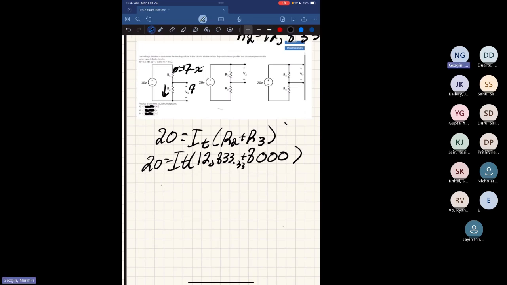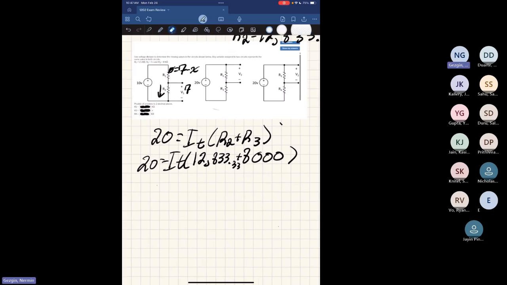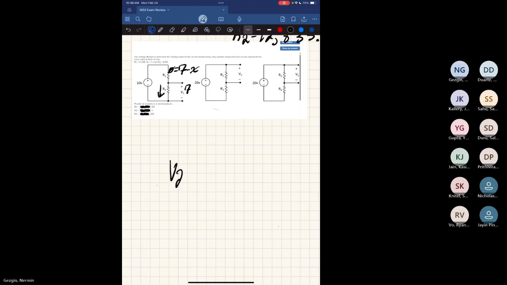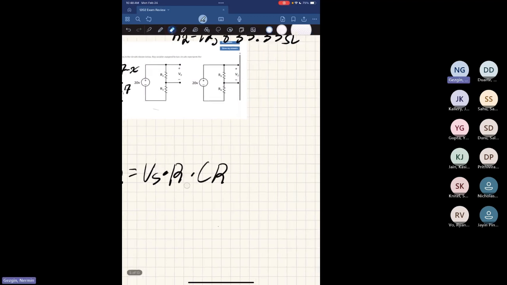To find the voltage drop, it's VS times the resistor we're solving for, over the sum of R2 plus R3.